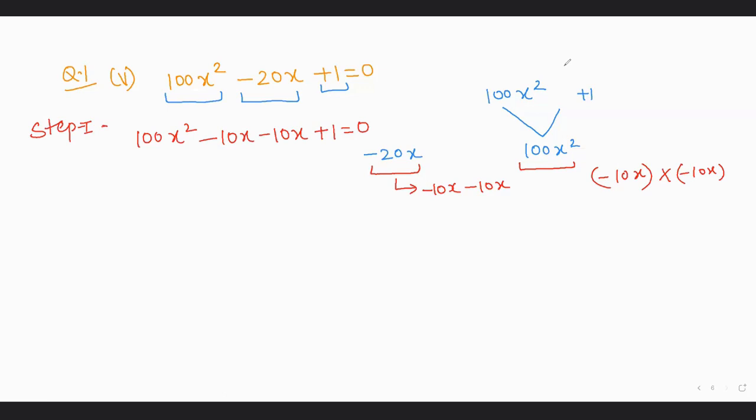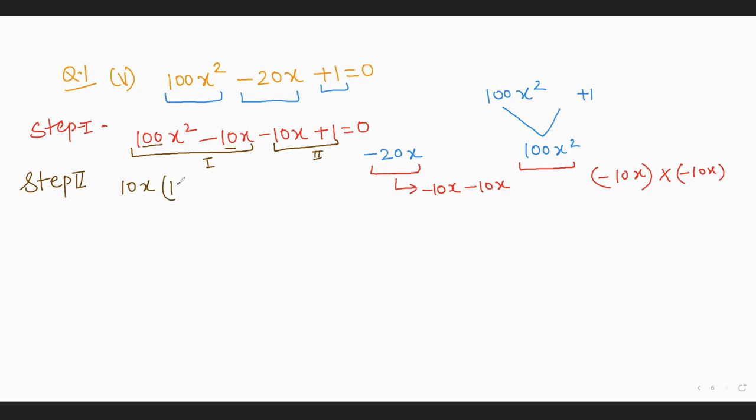So now students, in step number 2, we have to write the common terms. Let us say this is our first two terms, and the last two we have as the second one. If you see in the first two terms, we have 100 and here we have 10, so we can take the common 10, and from x square and x, we can take the common x.